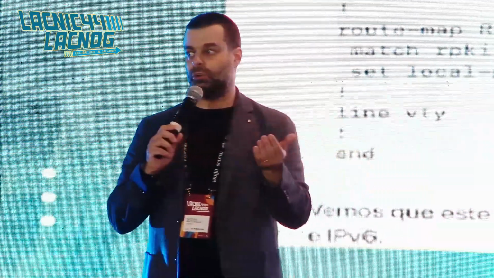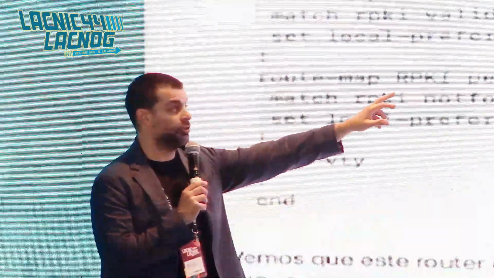Now what we're doing here is increasing that default value to 200 for all valid prefixes. That means that every time my router receives a BGP route from the peer with a validation status of valid, it will assign local preference 200 instead of the default value of 100.